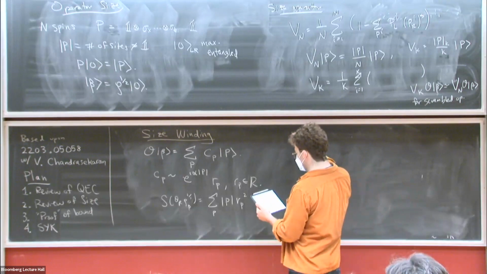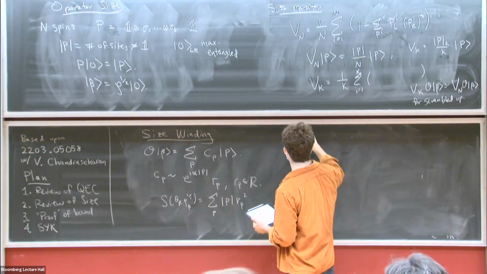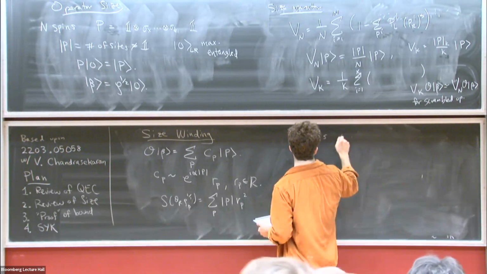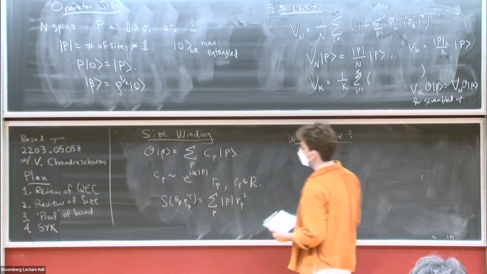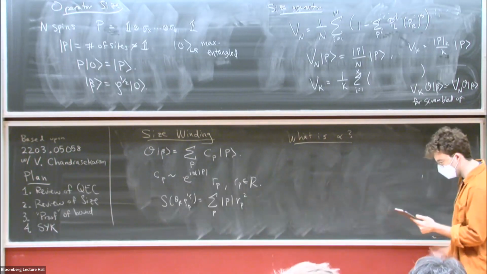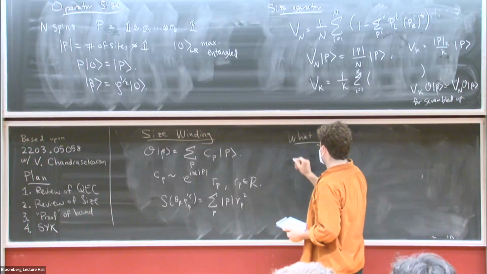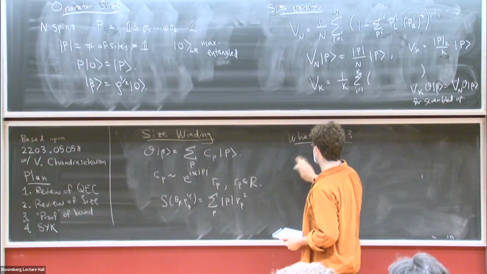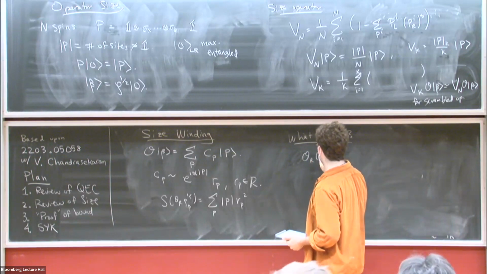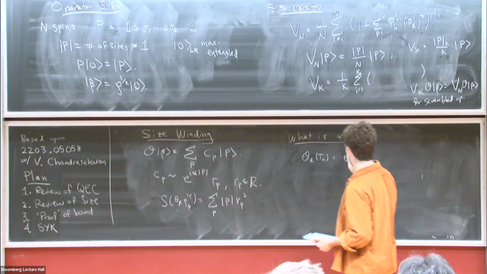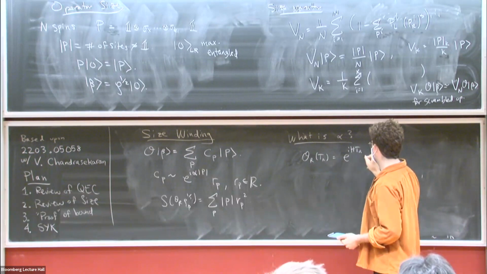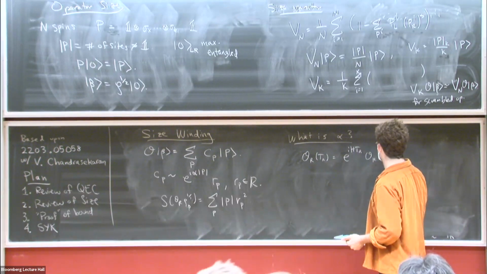So what is alpha? It's just some phase in this, but it turns out you can actually write a simple formula for it. Let's imagine we have some operator O_R(t_R), which is time evolved using the right-sided time evolution.